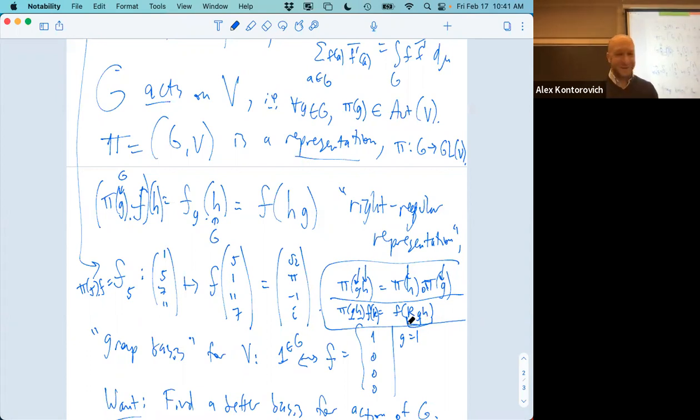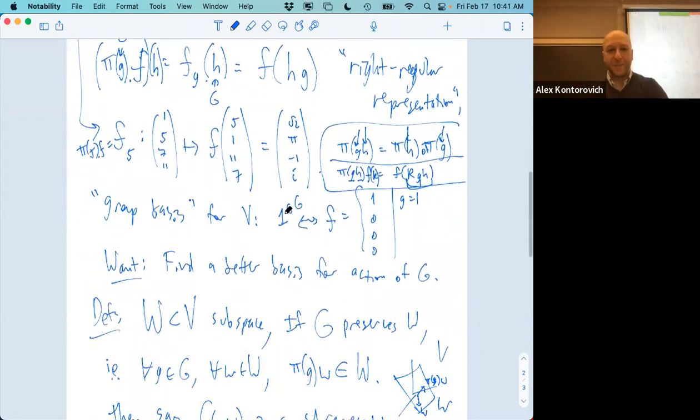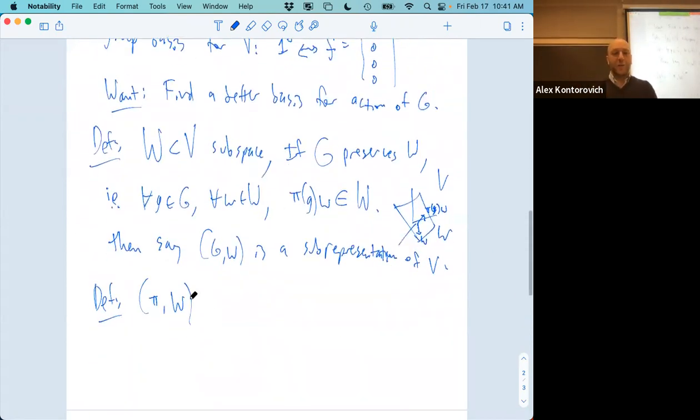This isn't supposed to be subtle. This is supposed to be the easy part, just getting the action right. Absolutely, I should be acting on the function. It's the correct group representation where I don't have to put an inverse, because if I put it on the left, then I need to put an inverse. All right. So we're up to this.